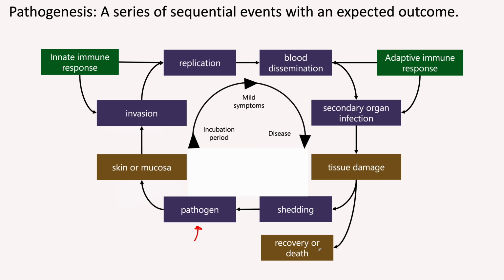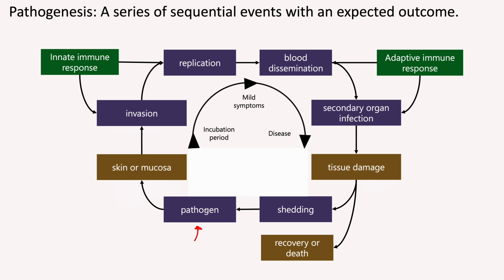Sometimes people die from internal organs. The person may start shedding pathogens, for example, when they cough, when they urinate, when they defecate. And these pathogens may infect another person.